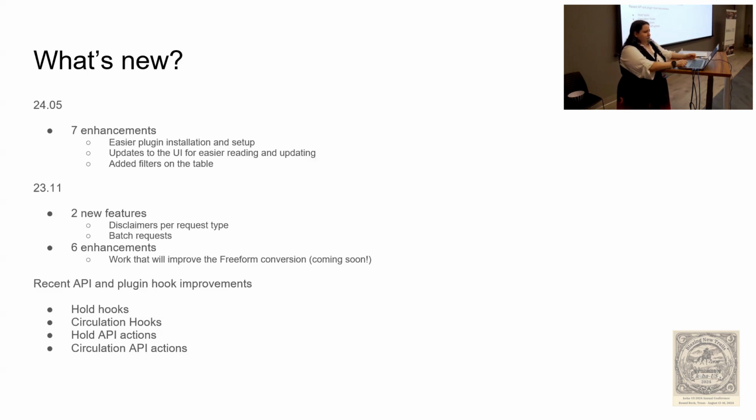They're also adding in batch requests, which just makes it easier for Koha to do a lot if you're a library that has a lot of requests. They've also done a lot of work towards putting the freeform plugin into core, which would mean there would be built-in ILL functionality.